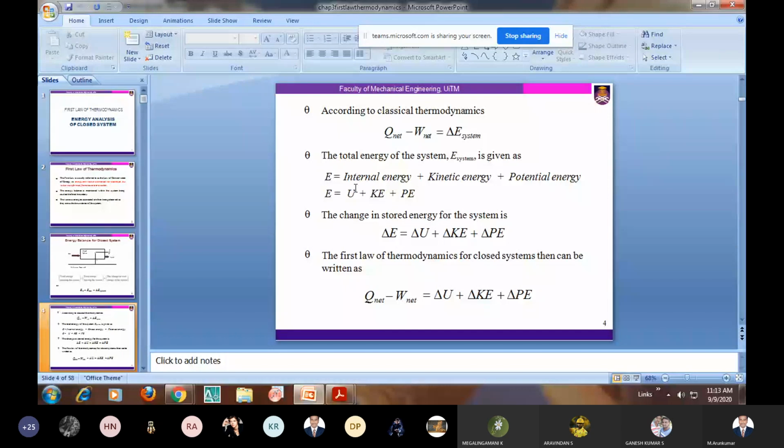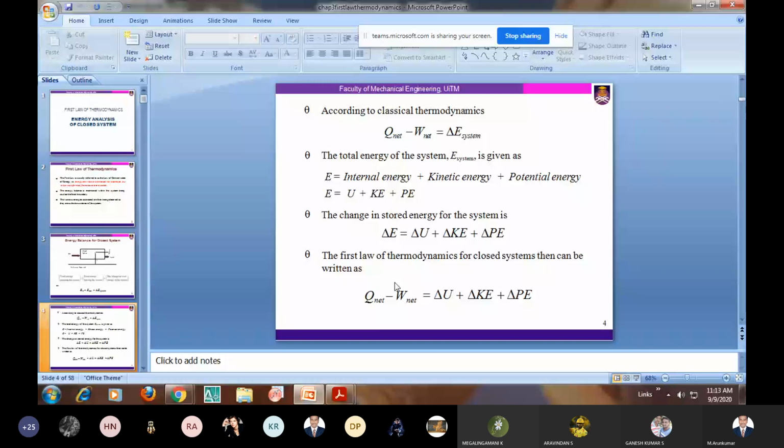So we can have delta E equal to delta U plus delta KE plus delta PE. If you substitute this delta E value into the first law of thermodynamics, we have Q minus W equal to delta U plus delta KE plus delta PE. This is important for the steady flow energy equation.